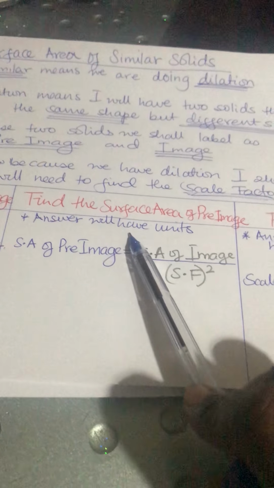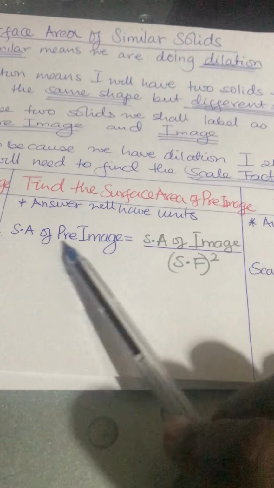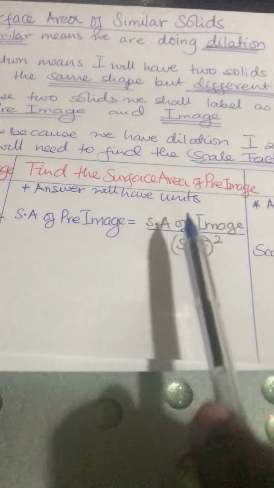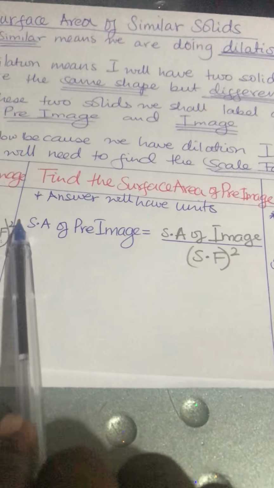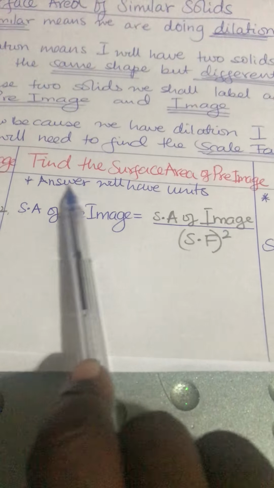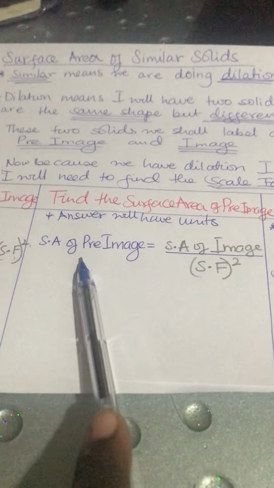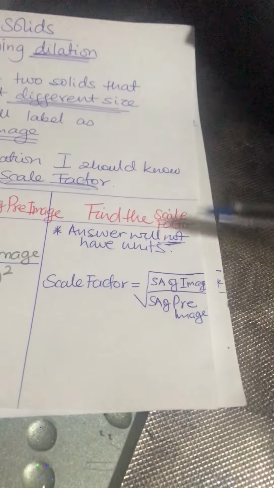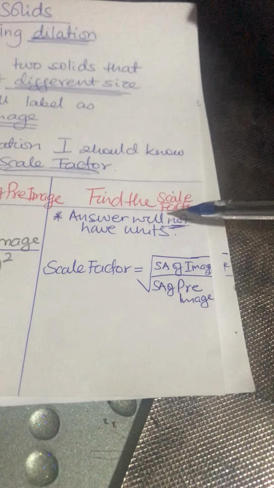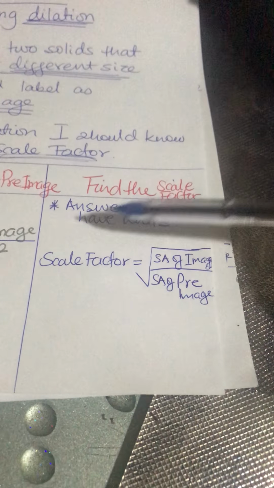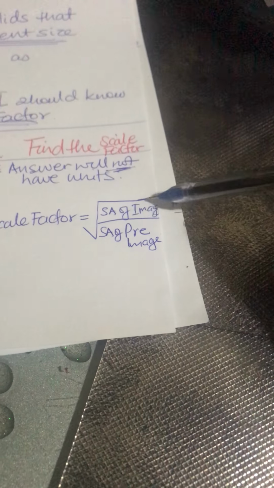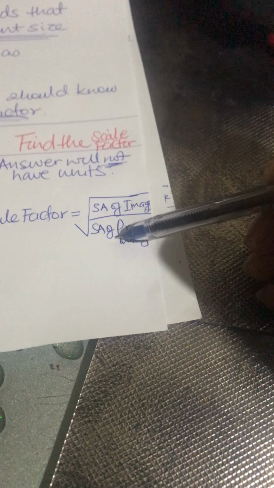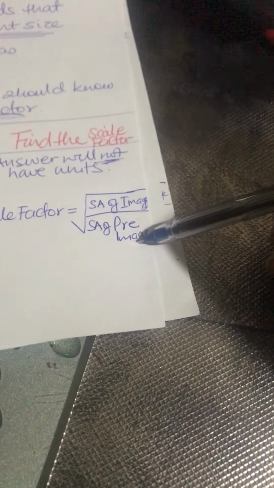Now over here, if you have the surface area of the image, you will divide by the scale factor squared, and this will give you the surface area of the pre-image. And then scale factor, remember scale factor is image over pre-image, so you'll take the surface area of the image, you will divide by the surface area of the pre-image.